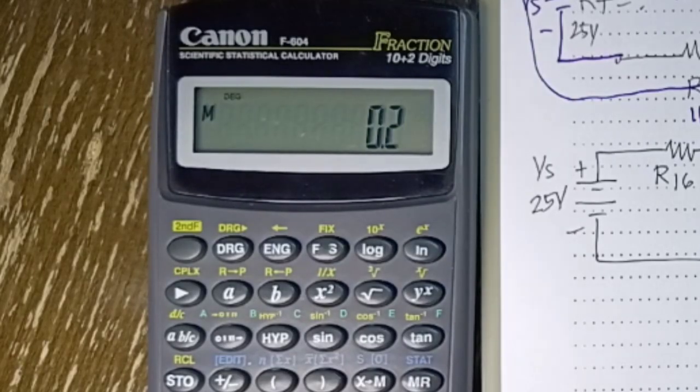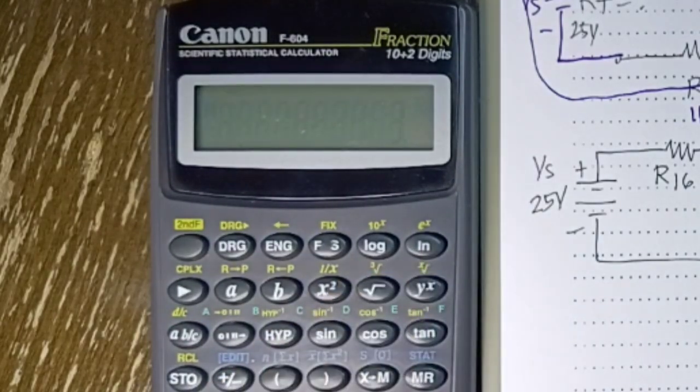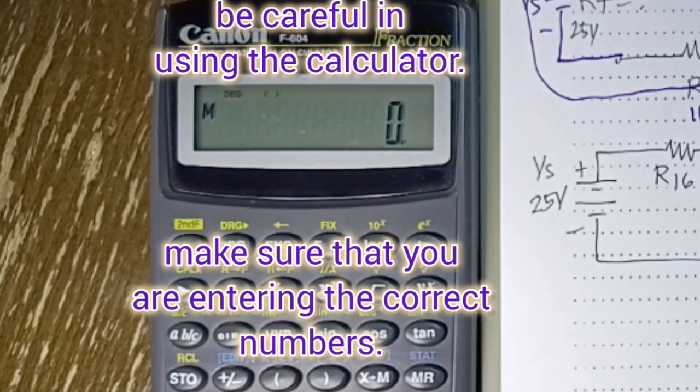Again, let's repeat: 0.2 multiplied by 10 to the power of 3, multiplied by 200, divided by 0.2 multiplied by 10 to the power of 3 plus 200, close parenthesis.